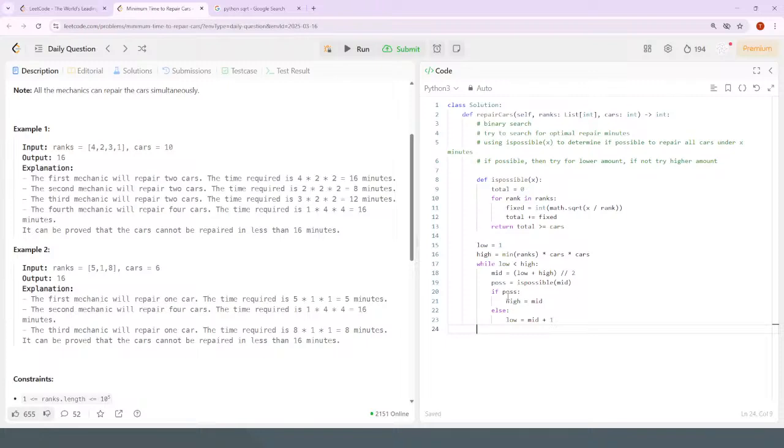Okay. So what would happen in the end case? Let's say the mid works and you go less than the mid.